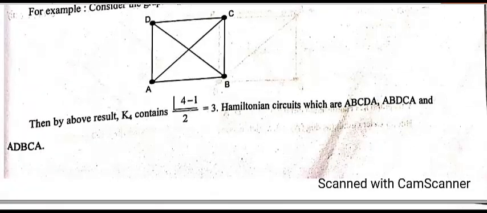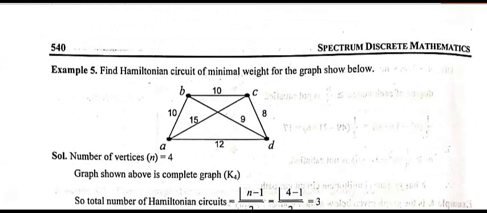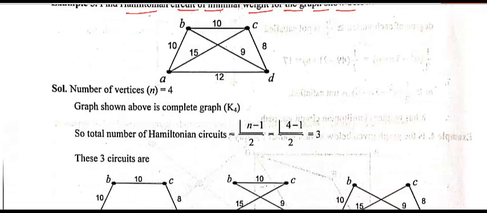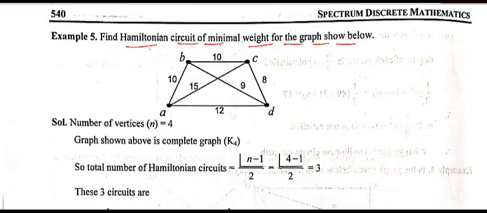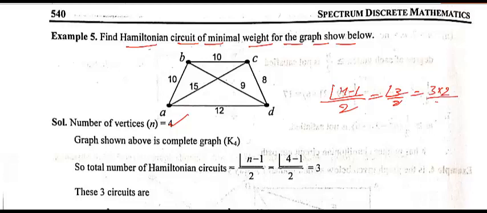So it is better to discuss another example like here. Find the Hamiltonian circuit of minimum weight of the given graph. Very easy, so you need not worry about this. The number of vertices is 4. So 4 minus 1 factorial by 2, that is 3 factorial by 2, which is 3 into 2 by 2. So you are getting 3.